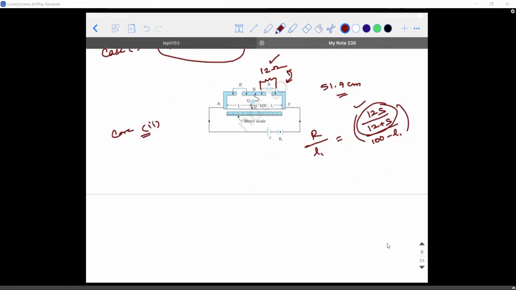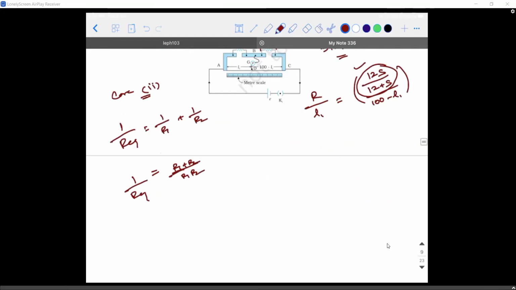Can someone tell me? Because when two resistors are connected in parallel, what is the equivalent resistance? 1 by R equivalent is equal to 1 by R1 plus 1 by R2, so you get R1 plus R2 divided by R1 R2 is 1 by R equivalent. So R equivalent is equal to R1 R2 divided by R1 plus R2. Correct? So that's why I wrote it as 12s divided by 12 plus s.